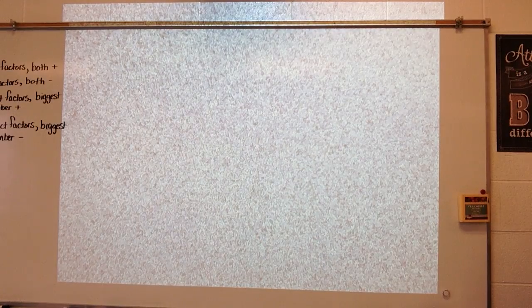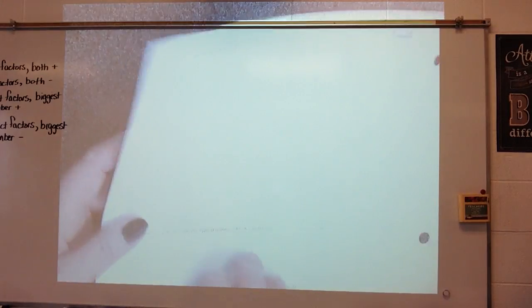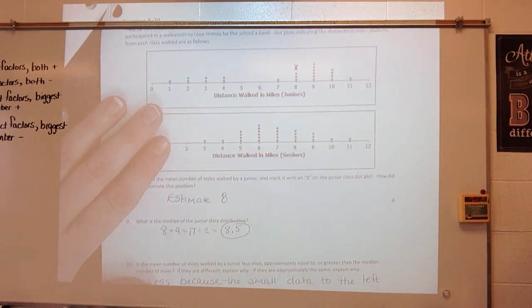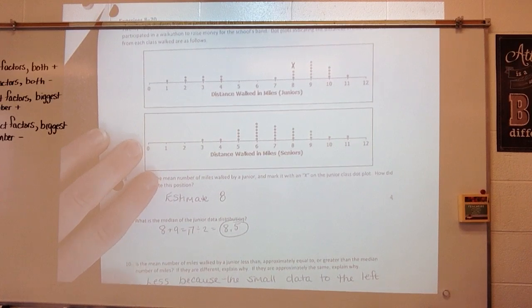Now we're going to look at the seniors. Estimate the mean number of miles walked by a senior and mark it with an X on the senior dot plot. How did you estimate this position? Let's look at my senior data. The distribution seems to be symmetric, around 6 or 7. The balance point should be in the middle of that distribution.